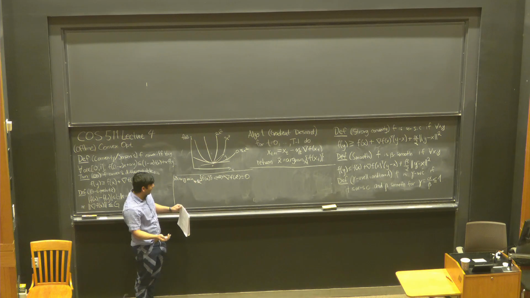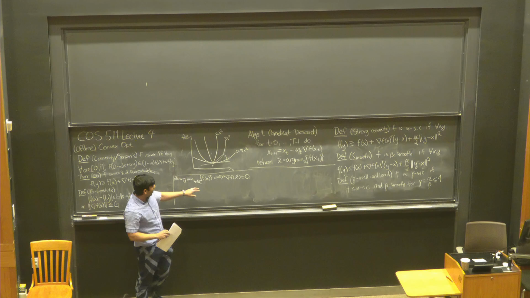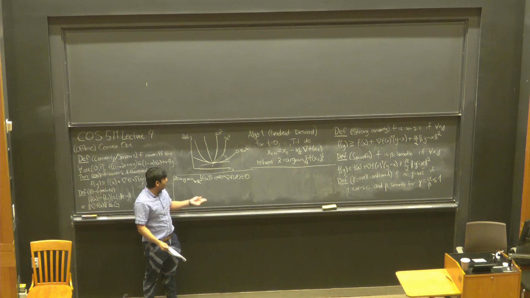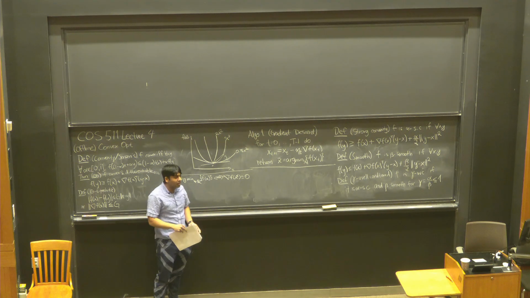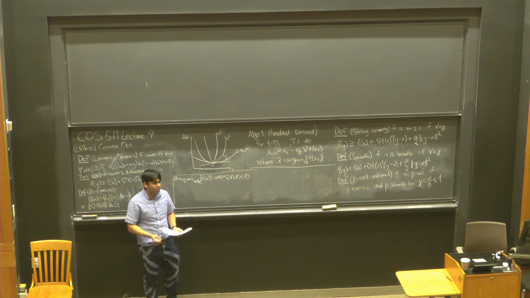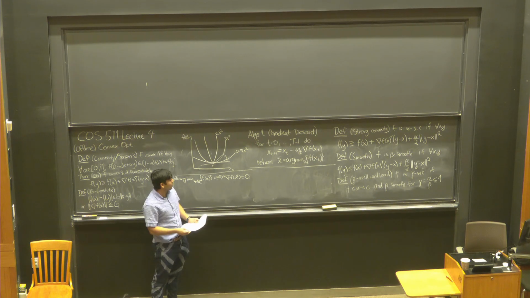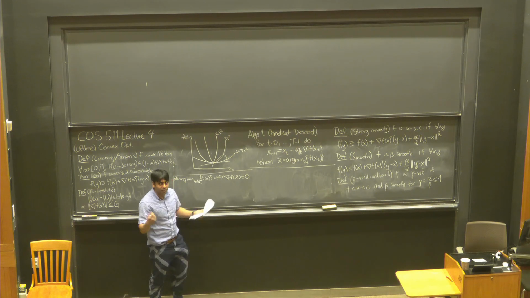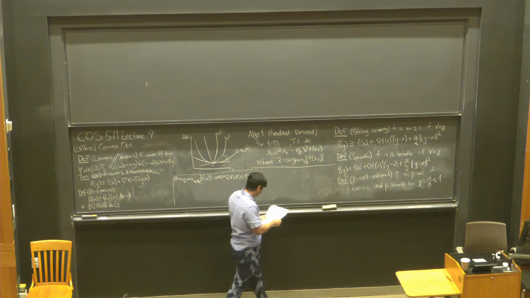If f is convex and the gradient is 0, then we know from calculus that you found the minimum. But that's not true for constrained optimization. By constrained, I mean you can't just pick x star from anywhere. You have to pick it from a convex set, a kind of a constraint.